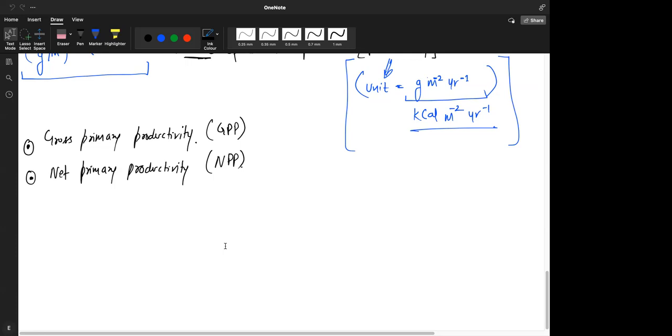Now let's define NPP, net primary productivity.